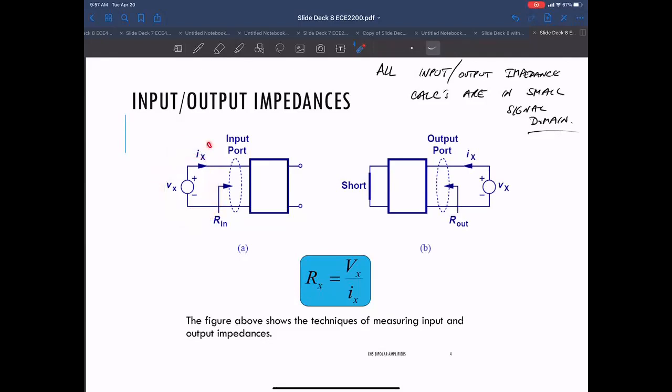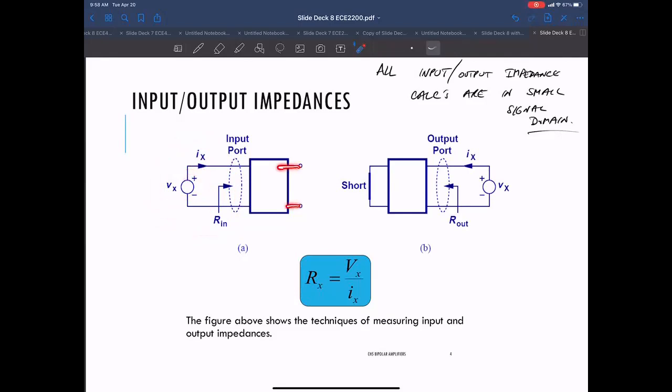So if you're really going to do this in the lab, you would try to find a voltage source. You wouldn't use your microphone, you'd use a voltage source with a very, very low output impedance or output resistance. Or when you're analyzing it, you would assume something that does not have an output resistance. So you'd put that on the input.